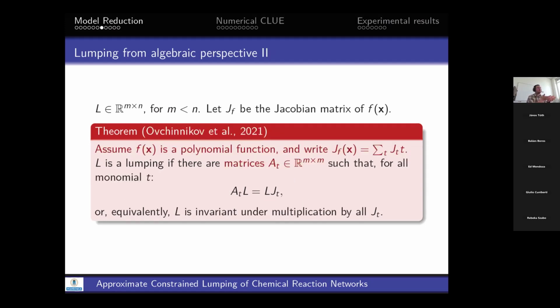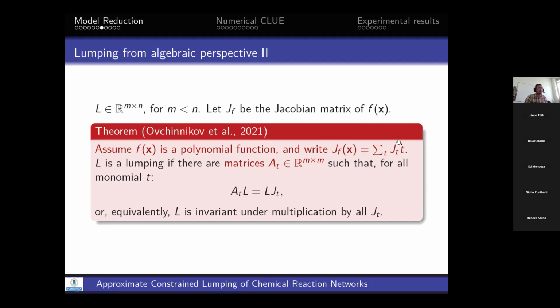And in a paper by Ovchinnikov and collaborators in 2021, they proved that if the F, the dynamical system you had, was polynomial, in the sense this right-hand side of the differential system is a polynomial function, then the Jacobian is a polynomial matrix, so all entries in the Jacobian are polynomials, and you can split it into constant matrices times a monomial.